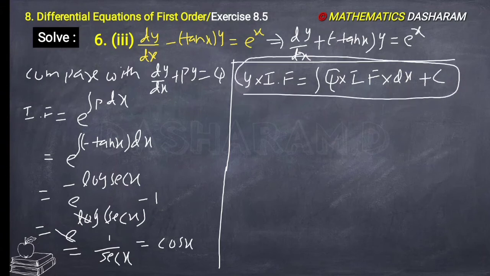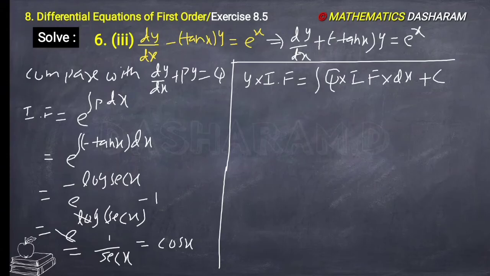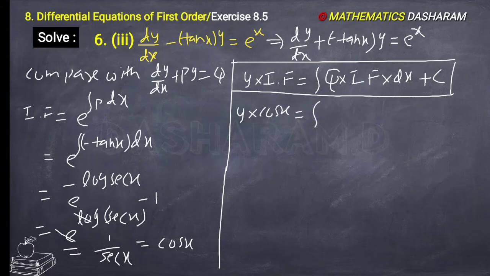So then y into integrating factor cos x equals integration of q, the q value is e power x, and integrating factor is cos x, dx plus c. So here apply the u into v formula, but first I am writing the cos x next to e power x dx plus c.